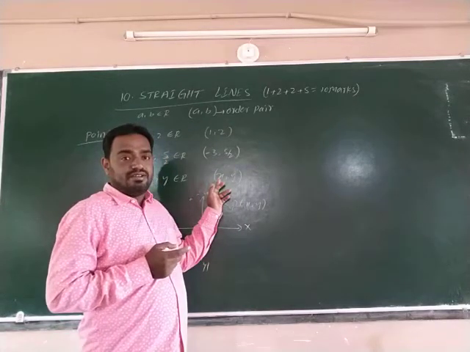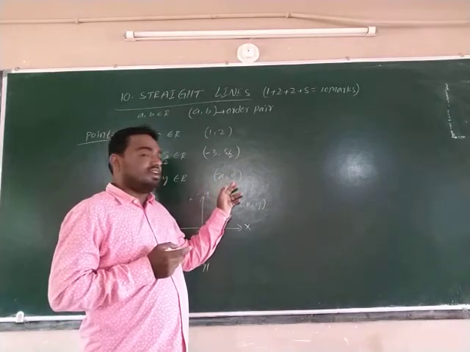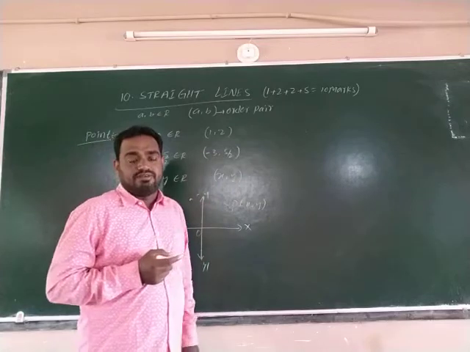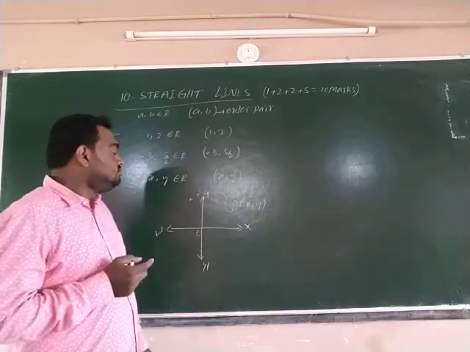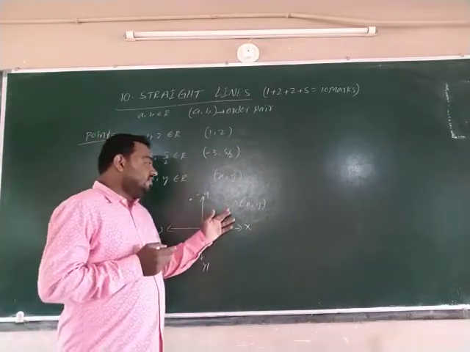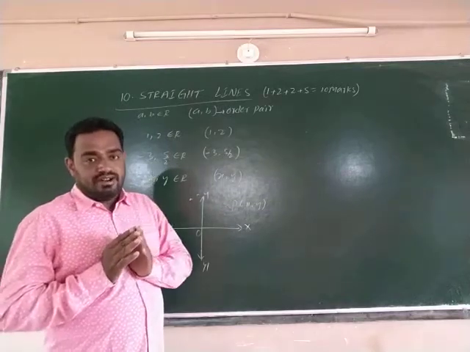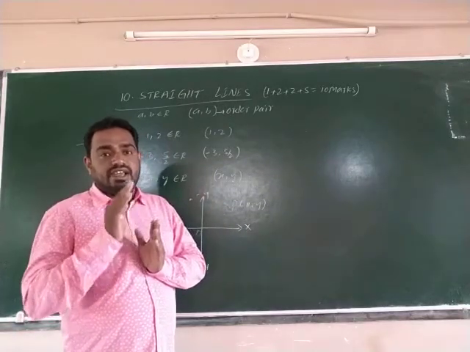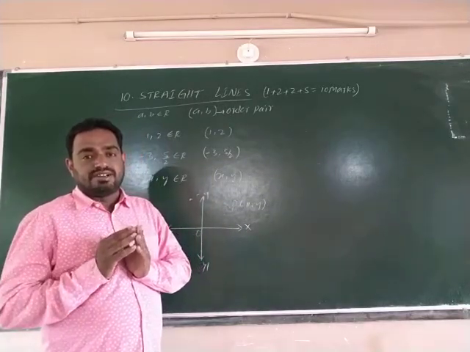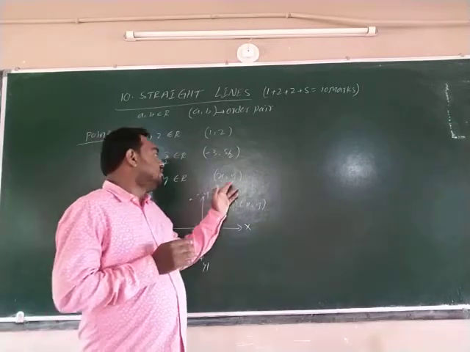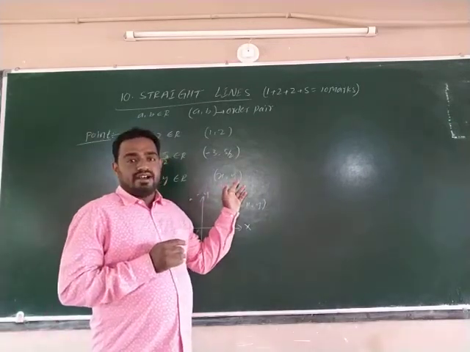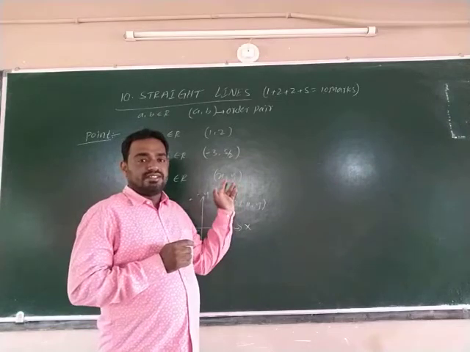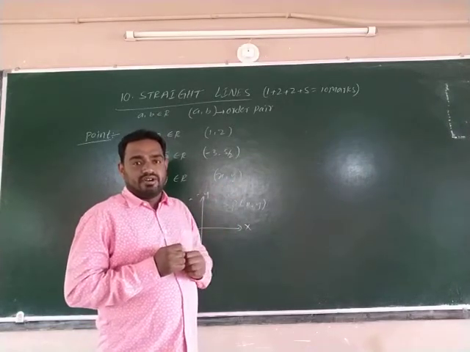First element is called x coordinate, the second element is called y coordinate. Right? Now, how do we define x coordinate? First element in the point is called x coordinate. Next, the second element is called y coordinate.